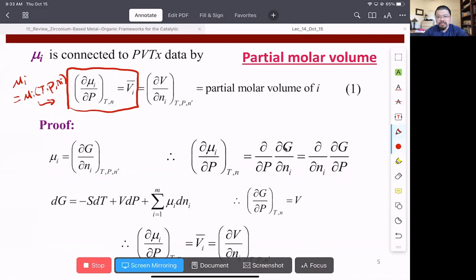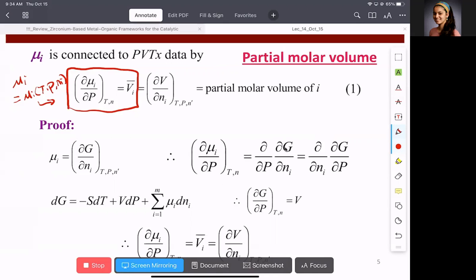We are going to discuss that, but first of all, let's make sure that the chemical potential is introduced for any system, any mixture system, whether it's the mixture of components or mixture of phases. There's no need to define ideal gas to use the chemical potential. Okay.